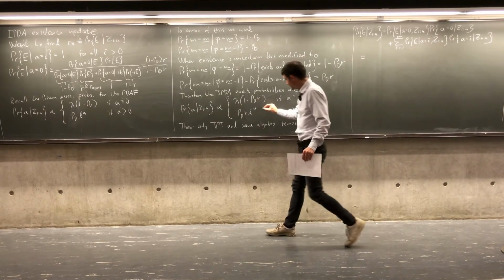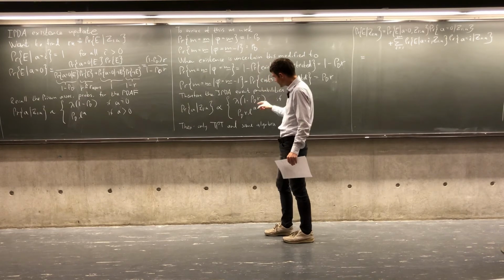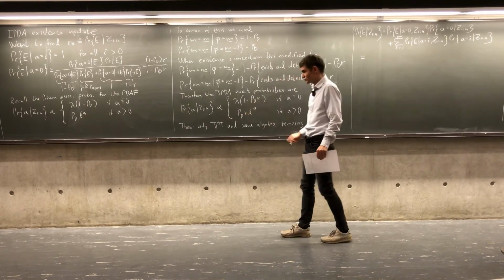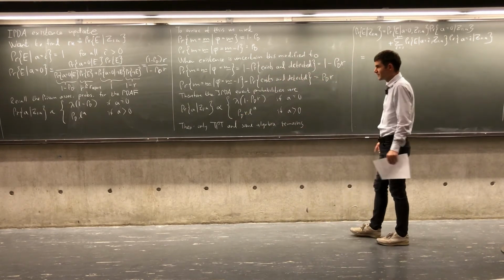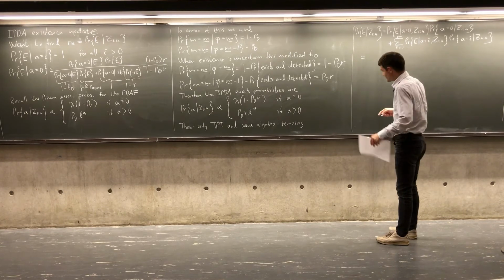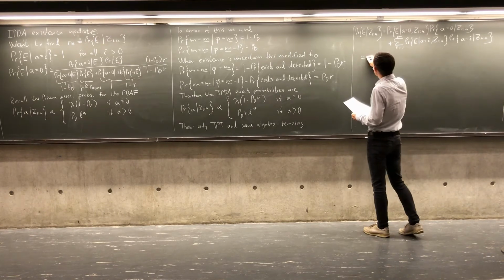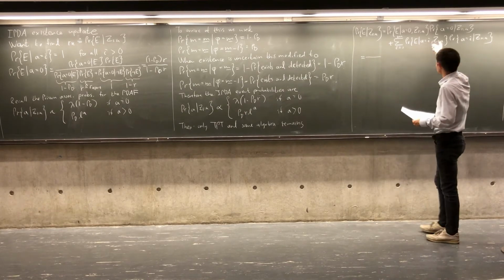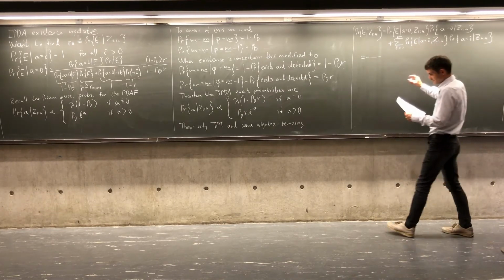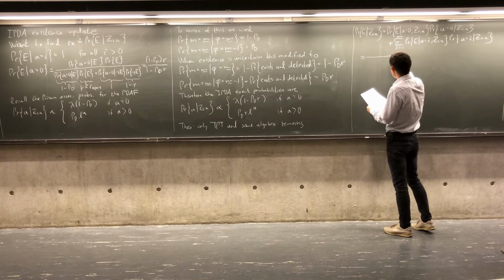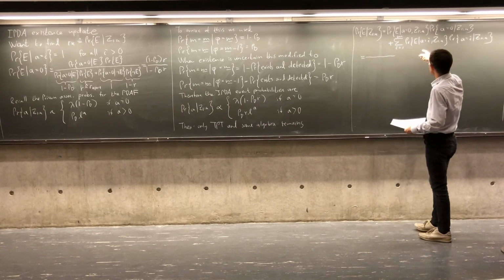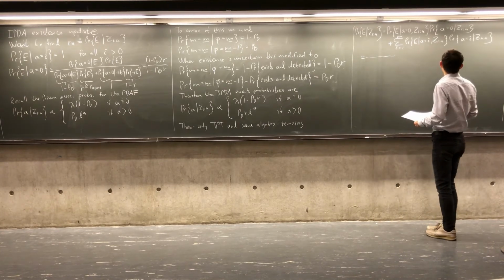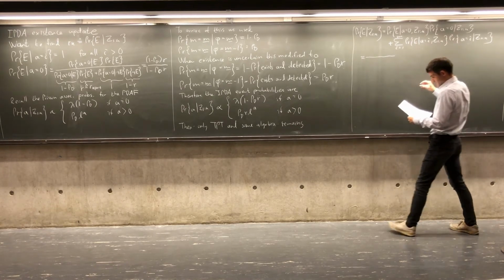What I have here is only up to proportionality, so I need to include a normalization constant. Since there's no such assumption here, it's the actual probability, so I need to include that. It's going to be the same normalization constant for both of these.